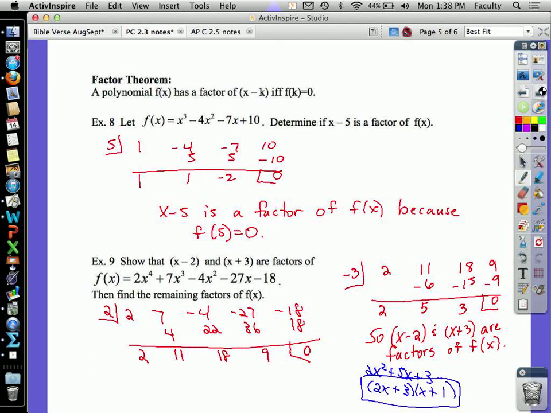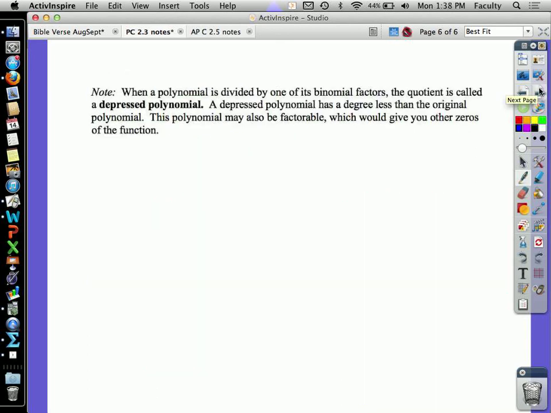Okay? Now on the next screen, when a polynomial is divided by one of its binomial factors, the quotient is called a depressed polynomial. Not because it's sad, but because we're taking the degree down 1, okay? A depressed polynomial has a degree less than the original polynomial.